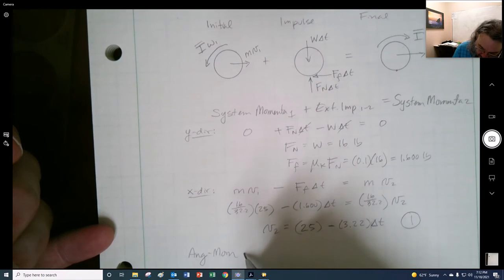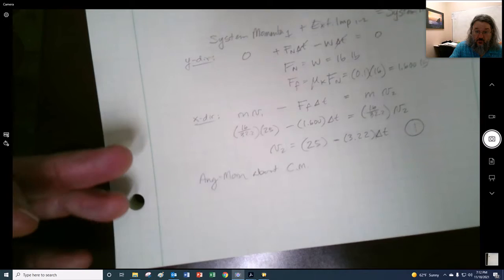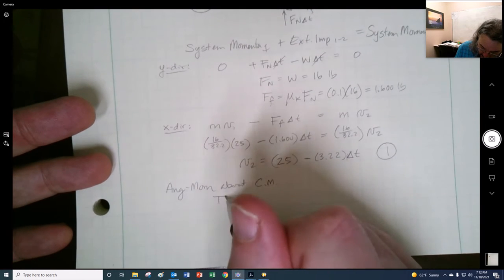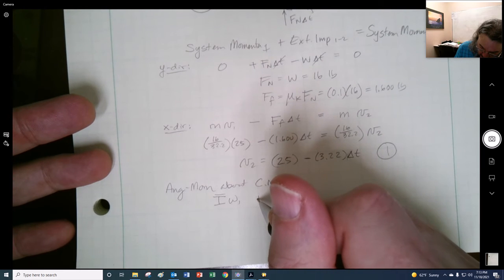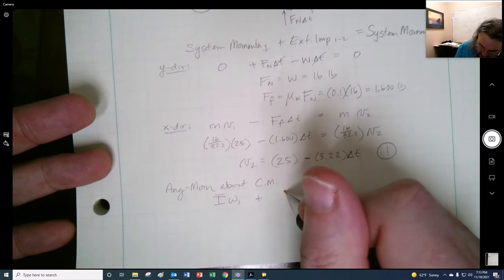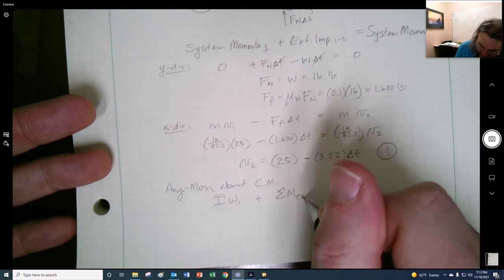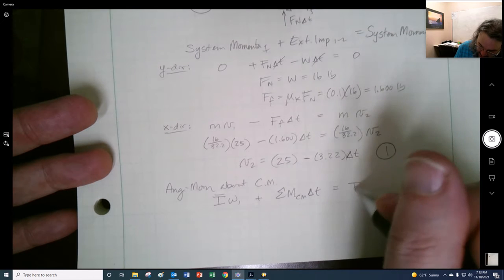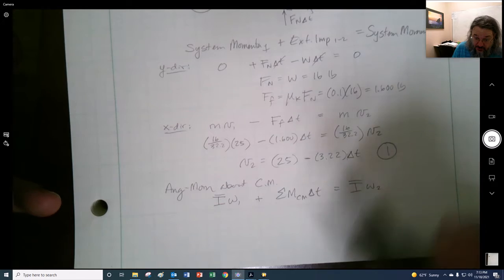So, and I could write this plus sum of the moments about, I guess I'll write center of mass this time. So I'll write G times time is going to be equal to I omega 2, right? So that's fair.